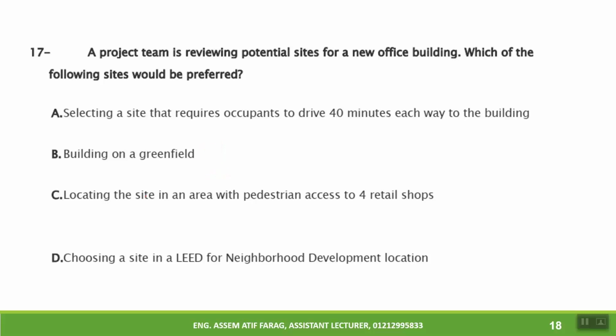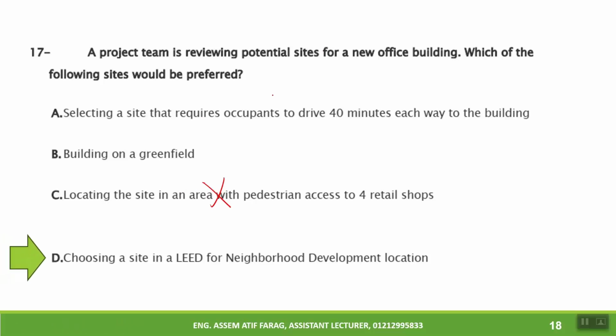For option C, locating the site in an area with pedestrian access to only 4 retail shops. Actually, this is good to promote walkability and reduce vehicle miles traveled. But LEED prefers a variety of diverse uses, not just retail shops. So this option is not the best option.